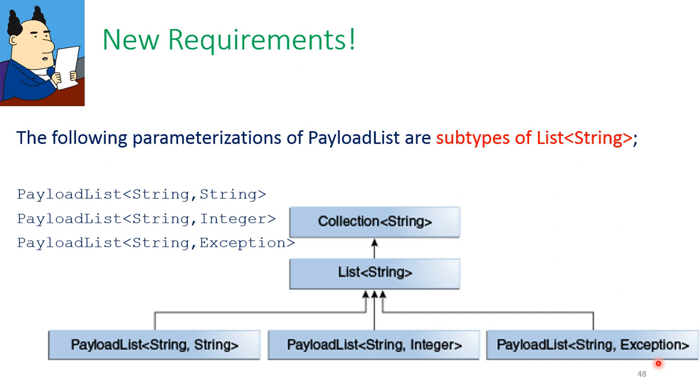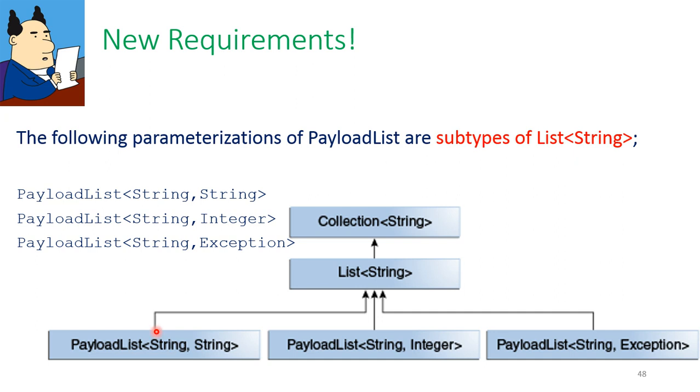So what is the relation between those three different PayloadList interfaces? Well, they all extend the List of E interface. As long as the type parameter E, which is String in this example, so we are talking about a list of String, is kept the same when we define those data types here, PayloadList of String and String, where E was the first type parameter, we have this inheritance relationship.